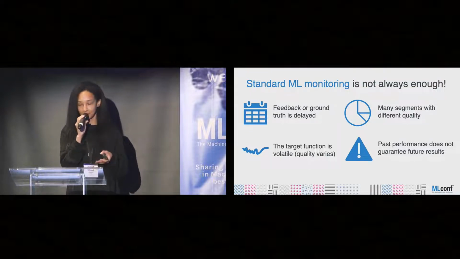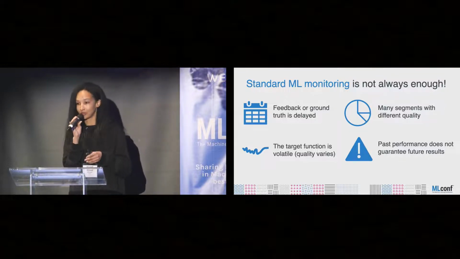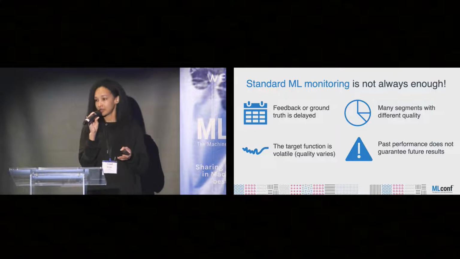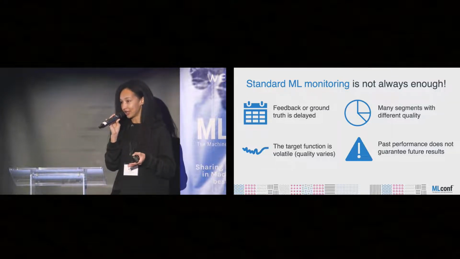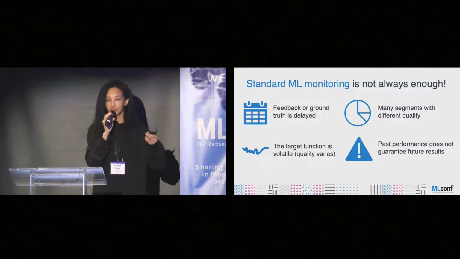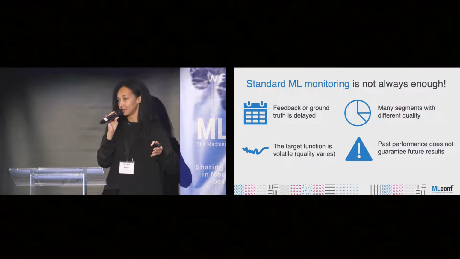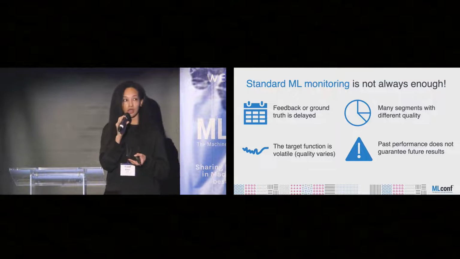And in this case, we need to wait until we get this data to directly measure performance, which is not always good. The second case is problems where we have a very volatile target function. And this target function changes by itself, and it's hard to catch the moment when the quality starts to degrade. We can always mix this up with some changes of the target function.